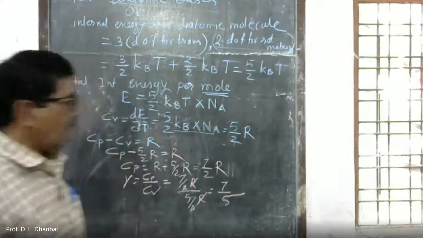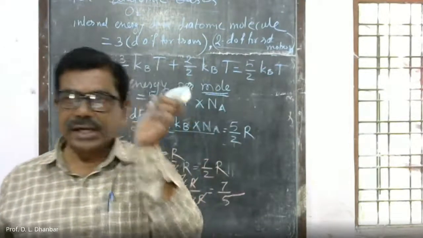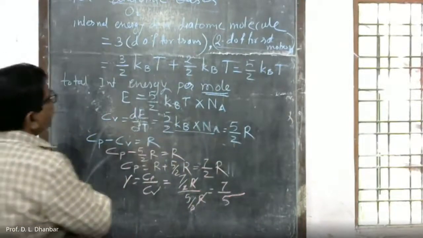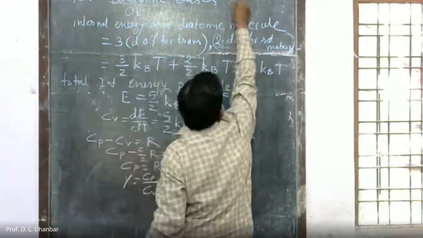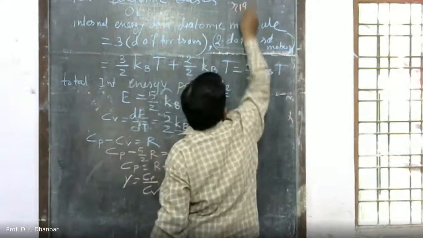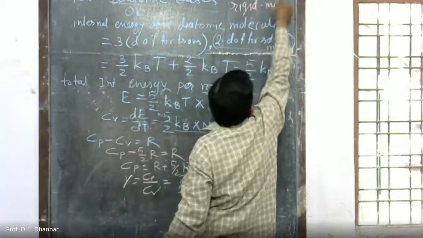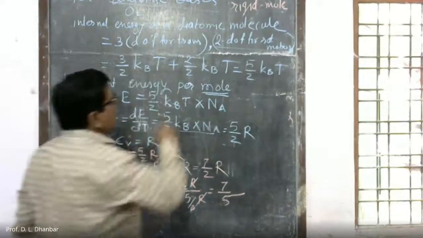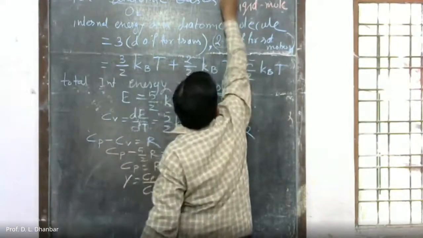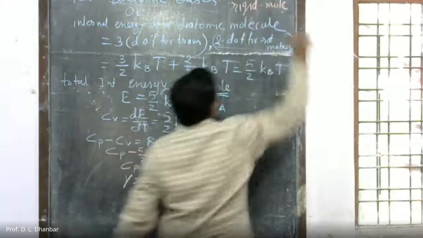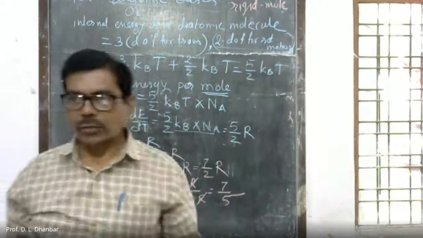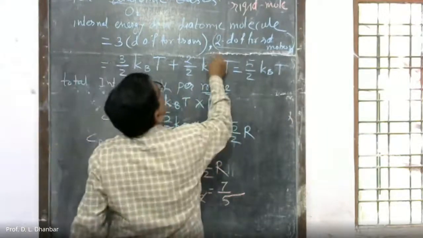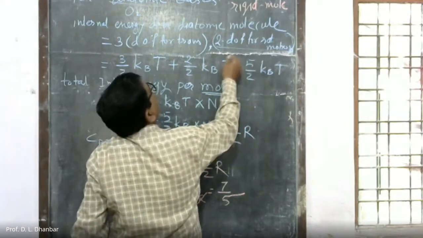So this is for non-rigid, and this is for rigid molecule, where you get 7 by 5. For a non-rigid molecule, we have to add one more degree of freedom.